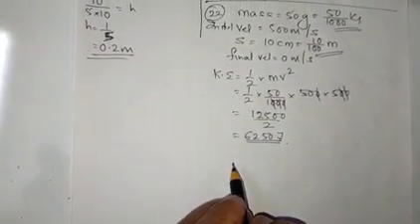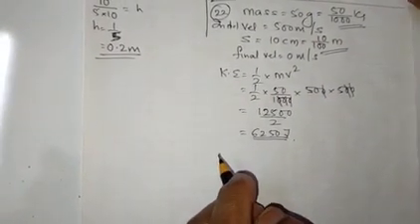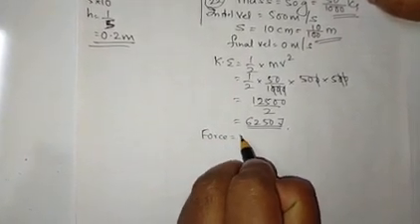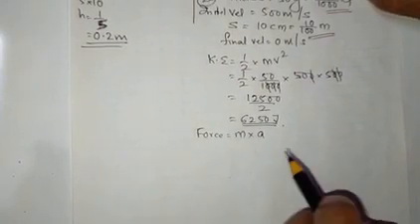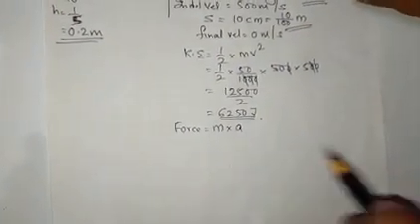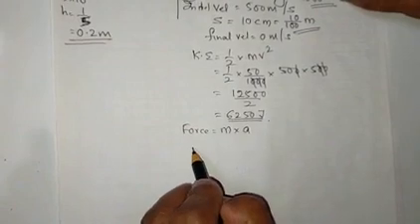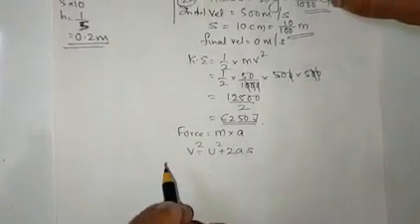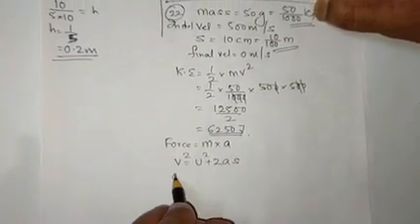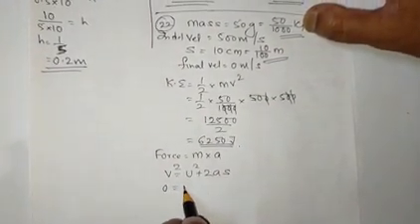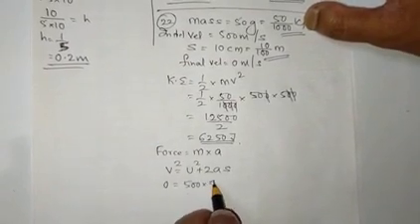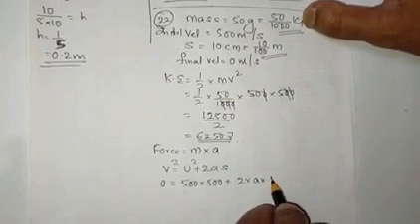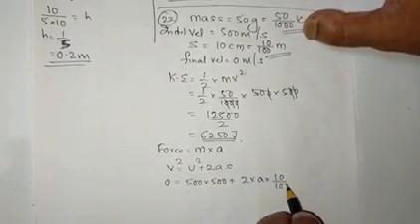Then I also want to find the average retarding force. I know that force is mass into acceleration. But first I need to find out the acceleration. To find the acceleration, I have a formula: v square is equal to u square plus 2as. v, the final velocity, is 0, u is 500, so 500 into 500 plus 2 into a into s, which is 10 by 100.